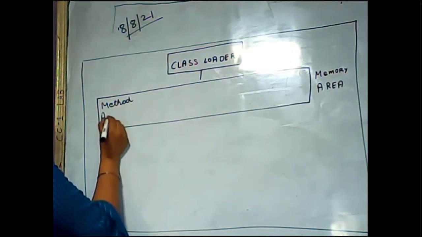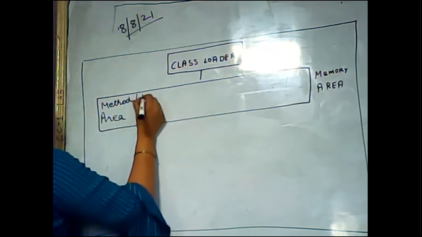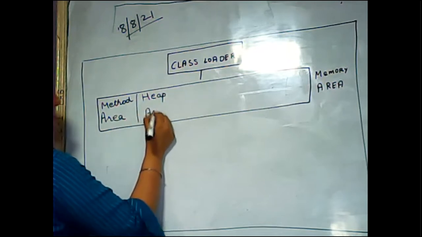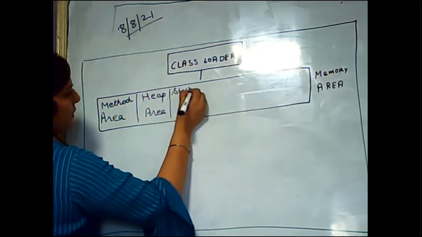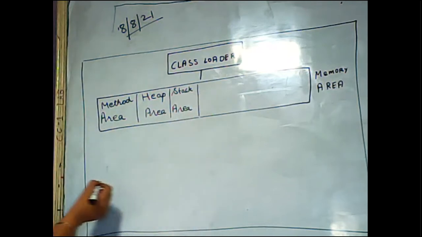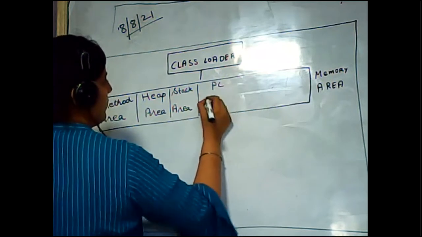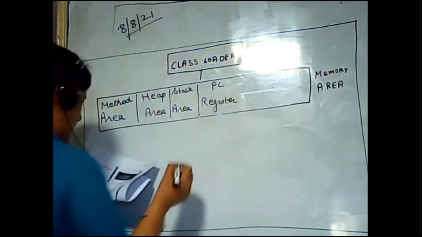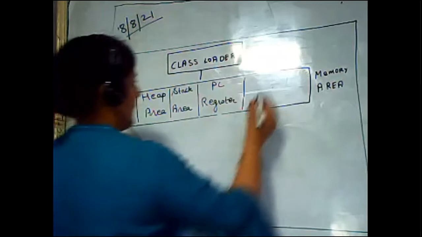First is the method area, second is the heap area, third is the stack area, fourth is the PC register, and the last one is the native method area.